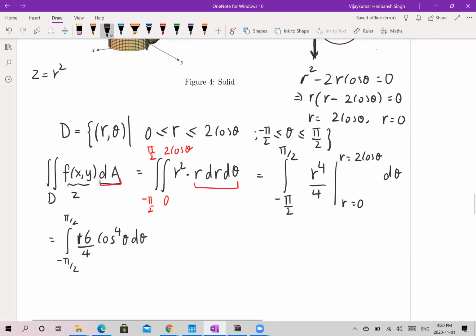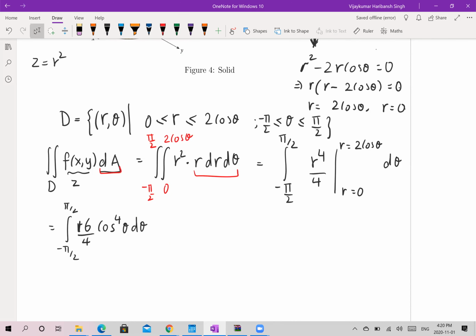Now we want to be able to integrate this. Now note that what kind of function is this? This is an even function. So when you have minus a to a and you're integrating an even function, it becomes 2 times that. So the net is going to be 2 times 8 times 0 to pi by 2 cos to the 4 theta d theta.